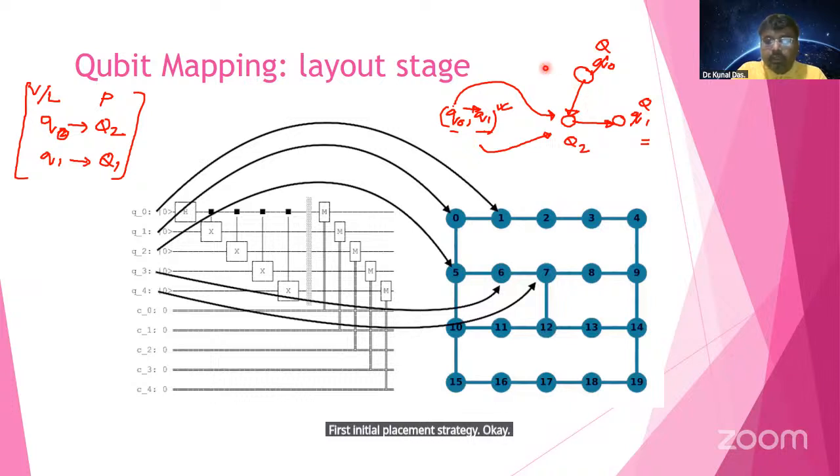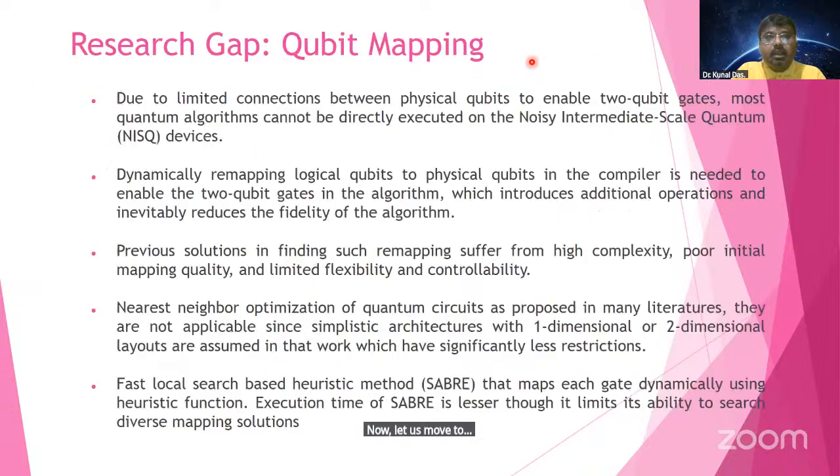Now let us move to the next gap. Actually, what we have considered in our problem, and this dynamic remapping of logical to physical qubits in the transpiler, enables the 2-qubit gate algorithms.